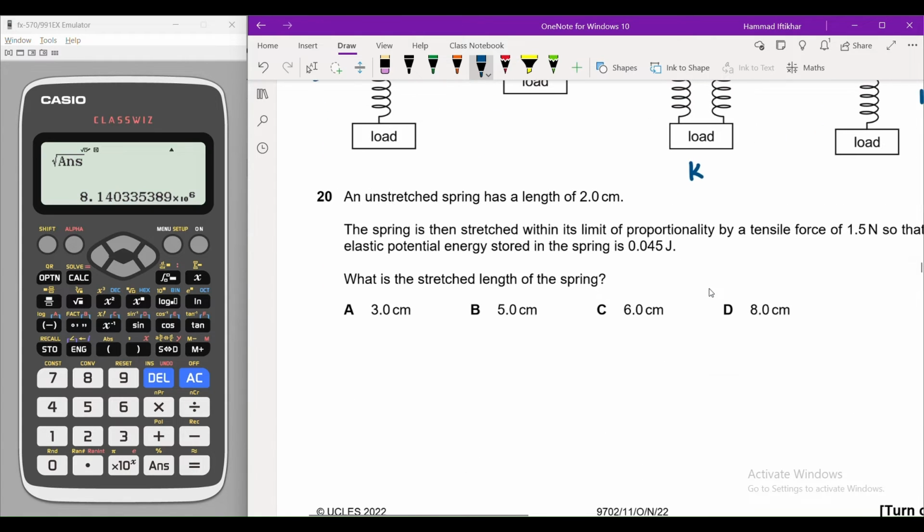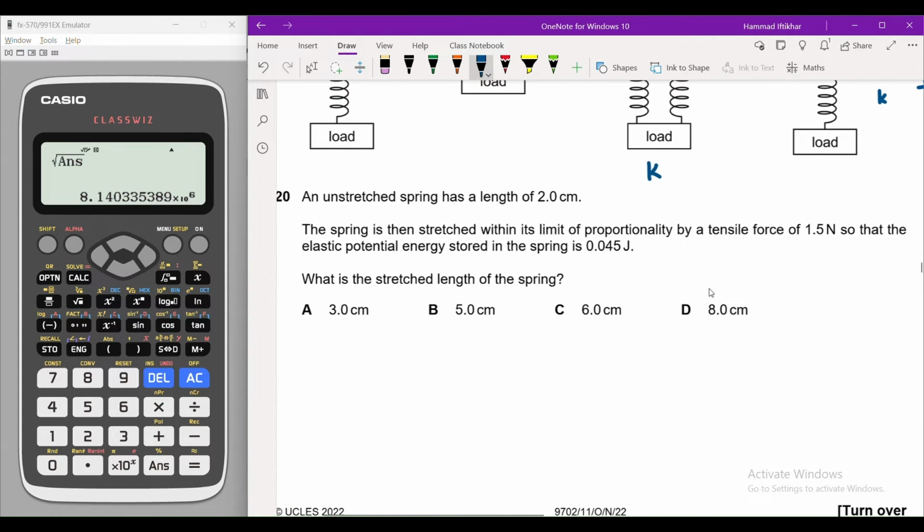An unstretched spring has a length of 2 centimeters. The spring is then stretched within its limit of proportionality by a tensile force of 1.5 newtons, so that the elastic potential energy stored in the spring is 0.05 joules. What is the stretched length of the spring?